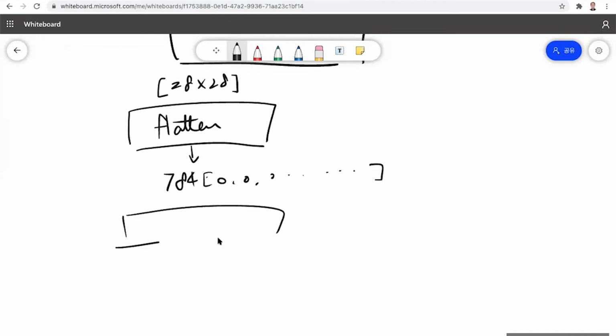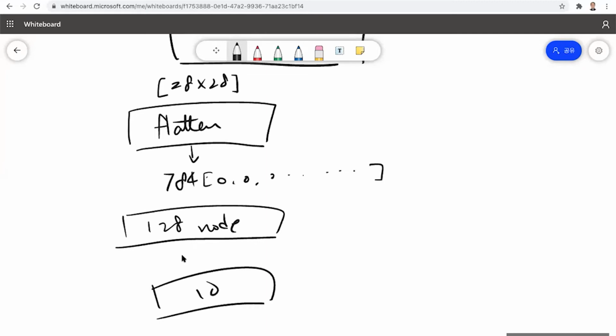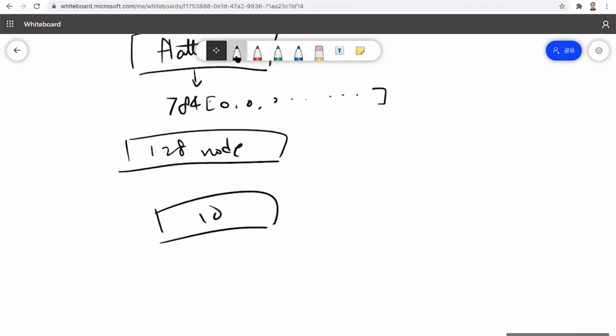And then we have our first layer, which has 128 nodes, and then 10 nodes at the end. So it will produce 10 numbers, and those 10 numbers are something like negative 12, 8, 7, and so on.